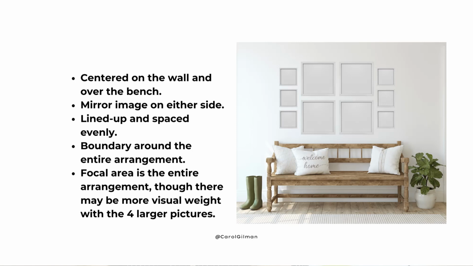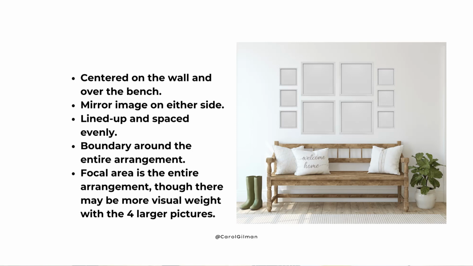And we can also create a grid-like sort of layout for pictures using different sizes of pictures. So we don't always have to have all of the same sizes. So this is a good example of this grouping above this bench. And there are 4 larger pictures set up in the center and 3 smaller pictures on either side.